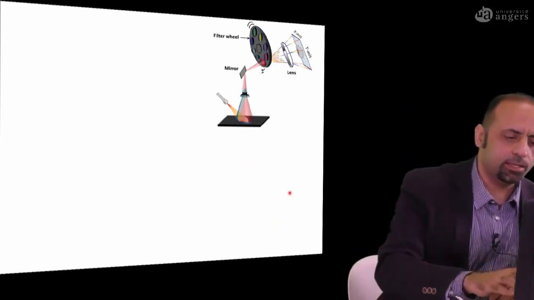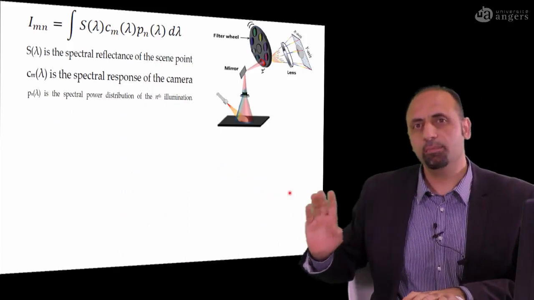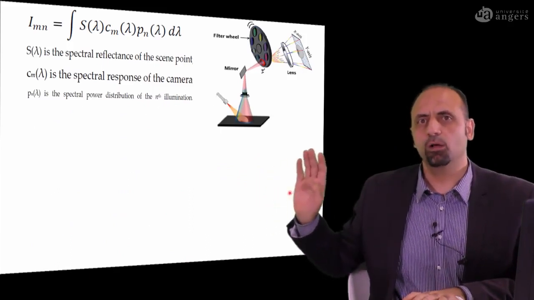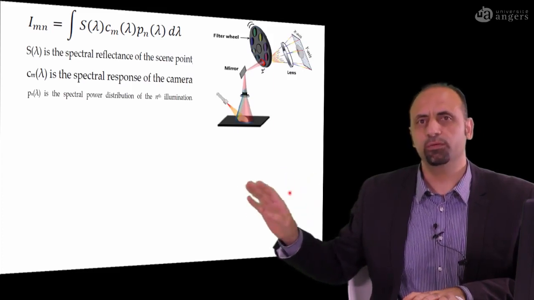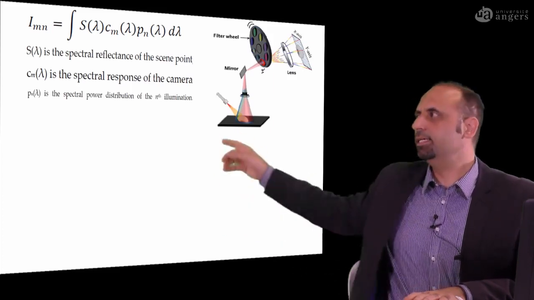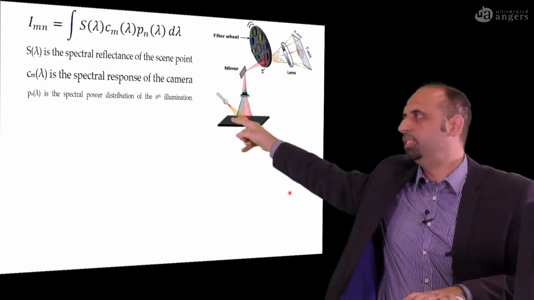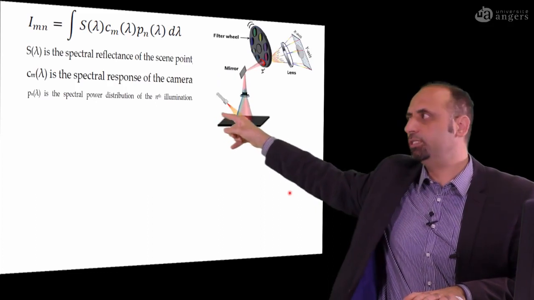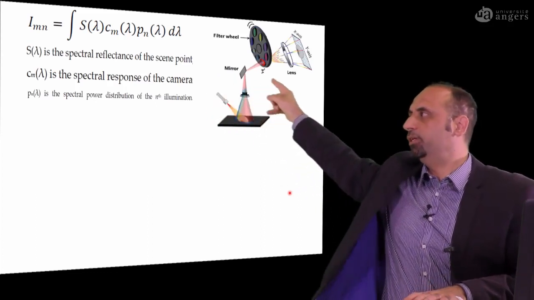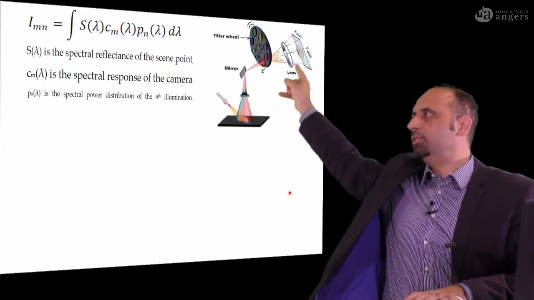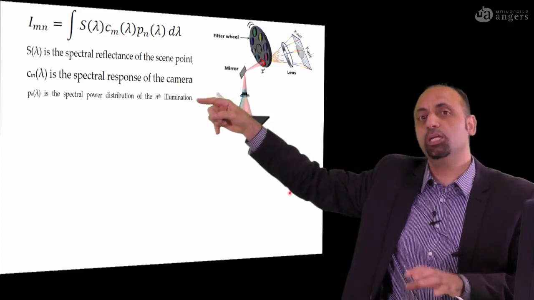So what is the theory behind this? Any signal coming to the sensor of the camera is a function, or integration, of three signals: the signal coming from your object, which depends on the properties of the object; the signal coming as a response of the filter, the camera or the sensor; and finally, the illumination power.